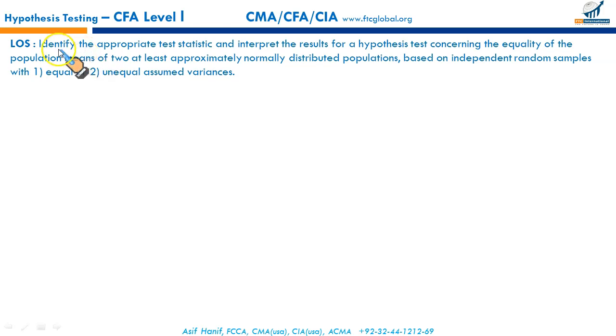Next, LOS. Identify the appropriate test statistic and interpret the results for a hypothesis test concerning the equality of the population means of two at least approximately normally distributed populations based on independent random samples with equal assumed variance or unequal assumed variance.